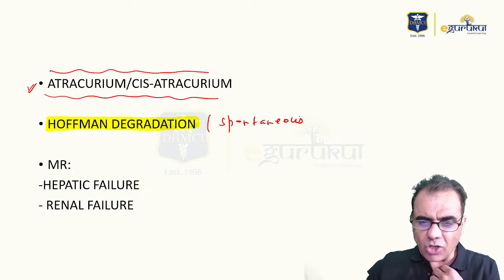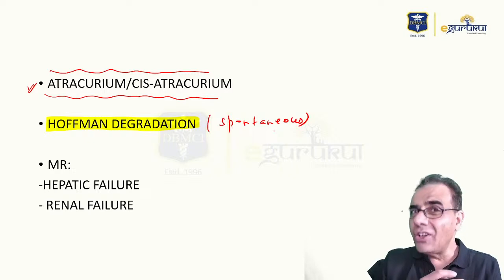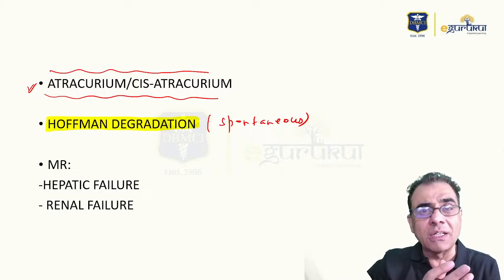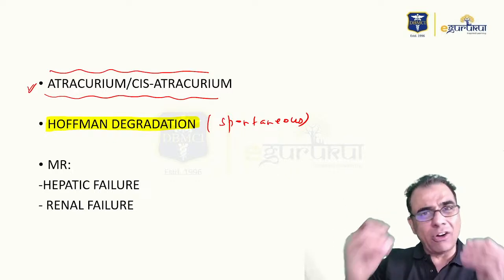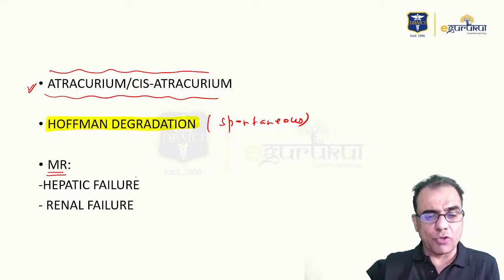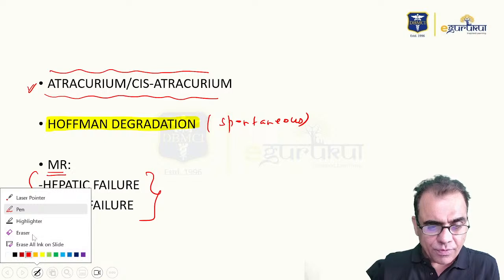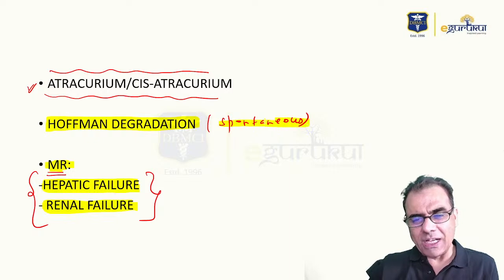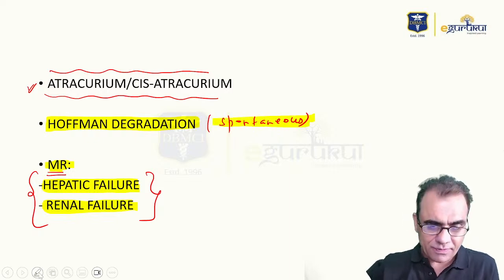So they are not dependent on hepatic functions, and there is no risk of accumulation in renal patients, making them the muscle relaxant of choice for hepatic failure and renal failure, because they are automatically metabolized by Hofmann degradation.